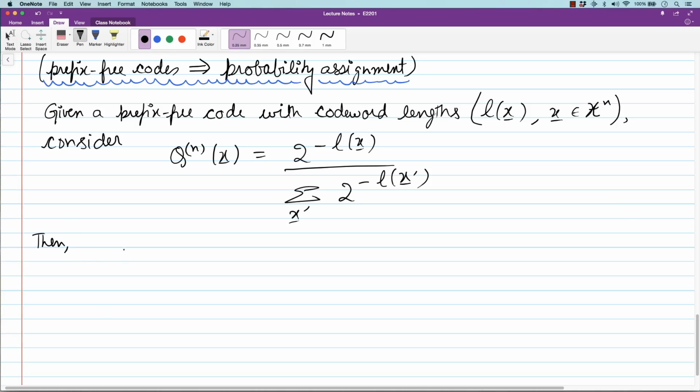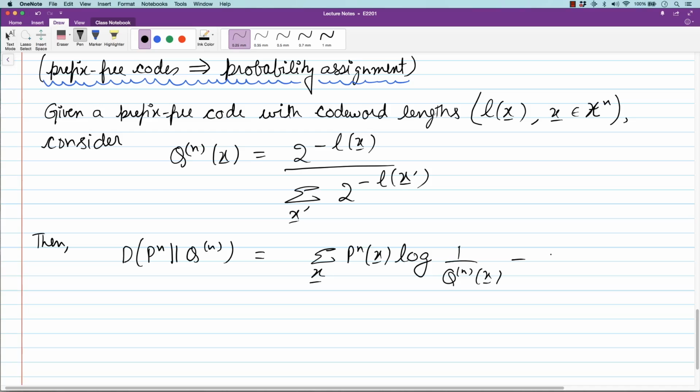if you look at the divergence between an IID measure P and this distribution, that divergence is equal to the summation over x of Pn of x log of 1 by Qn of x minus n times the entropy of P, just by the expression for divergence.